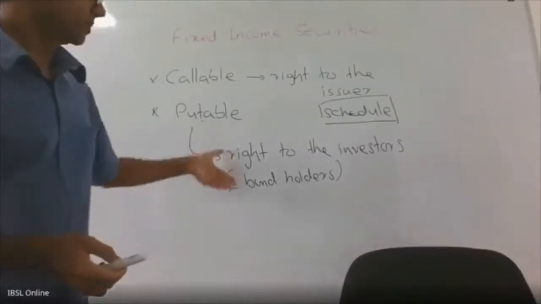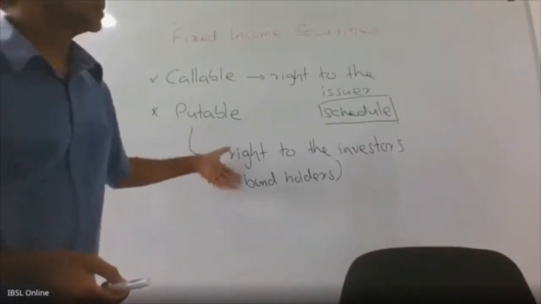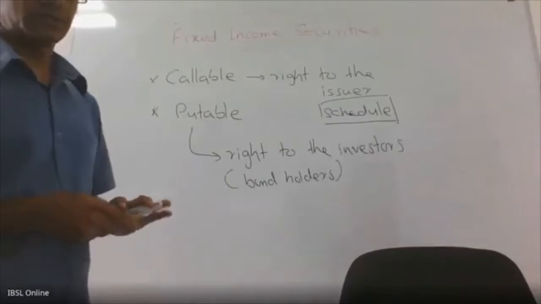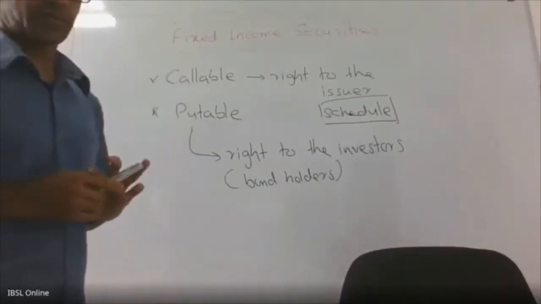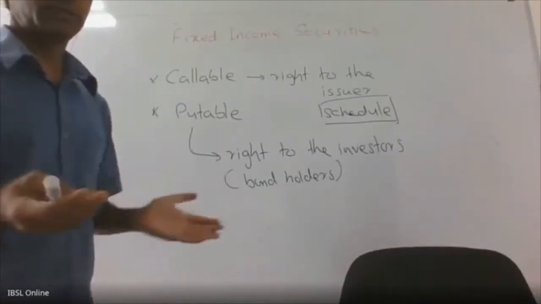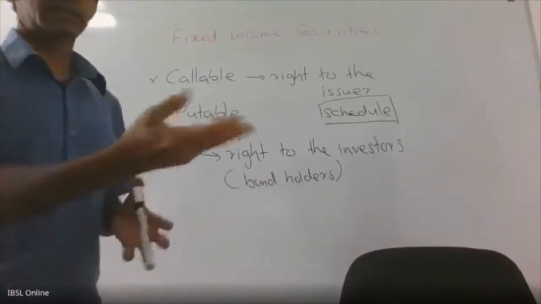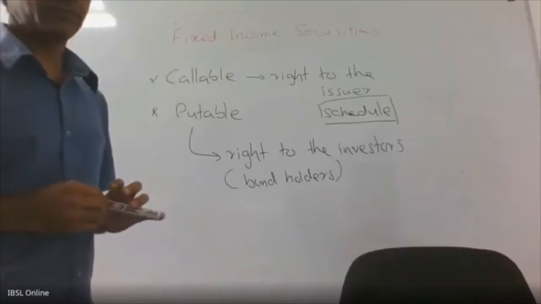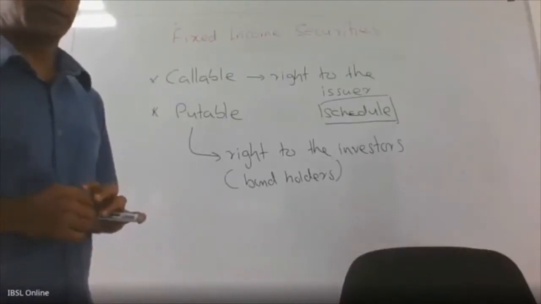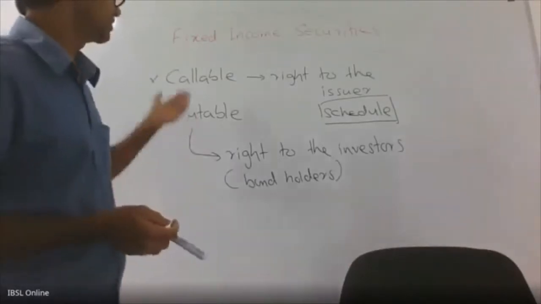Again, for this one as well, there's a schedule, at least a lockout period. During this lockout period, you can't do that, but after that, investors can make the claim earlier than the original maturity. So that's the other deviation.